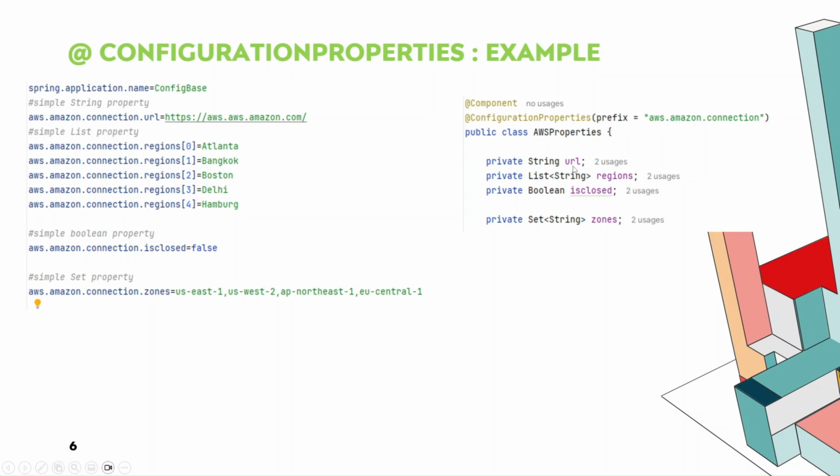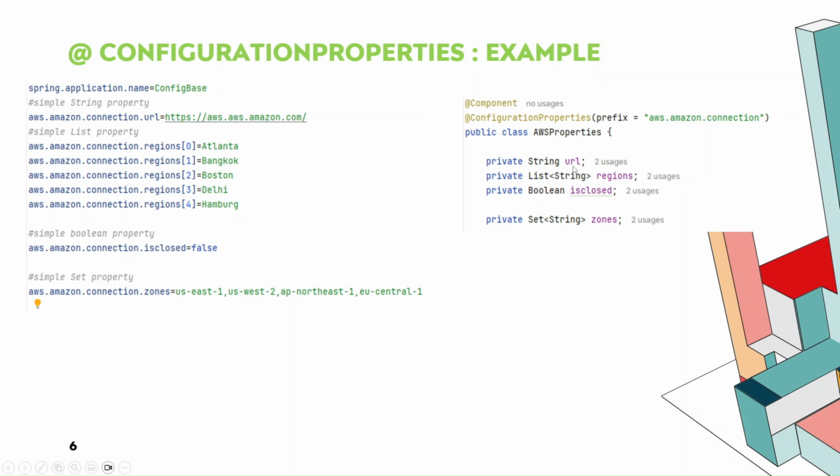This variable name, this suffix, should be the same. Regions, regions. Since I have a lot of rows, like too many keys, I took it as List<String>. isClosed, boolean isClosed, should be the same key. And zones, Set<String>.